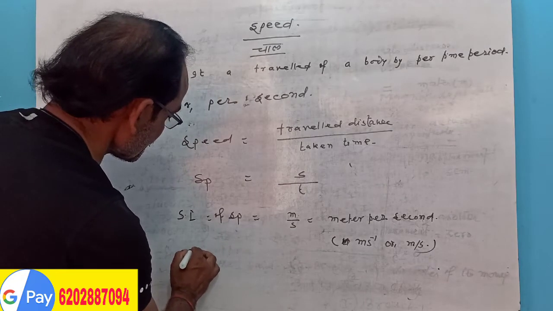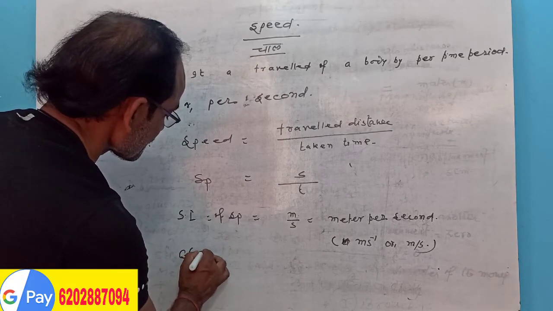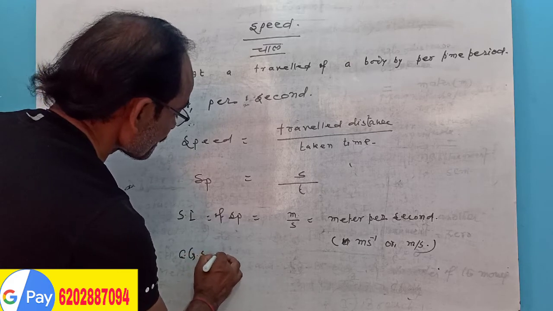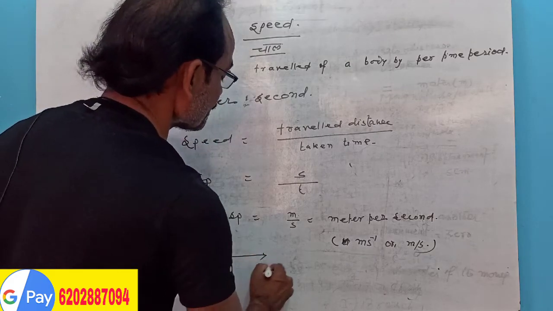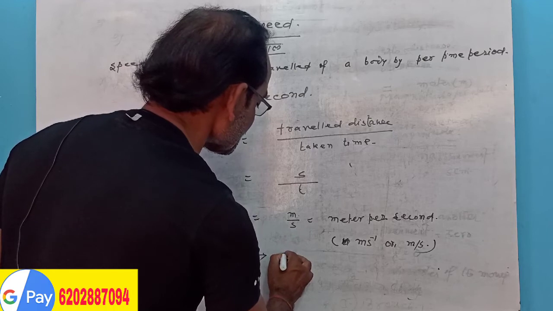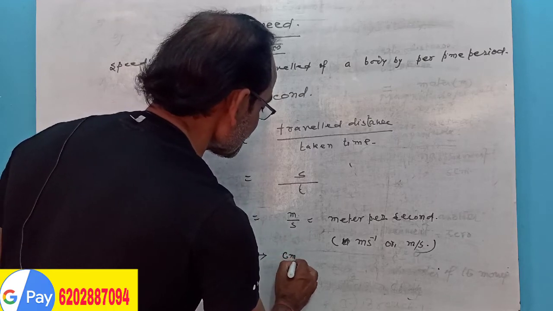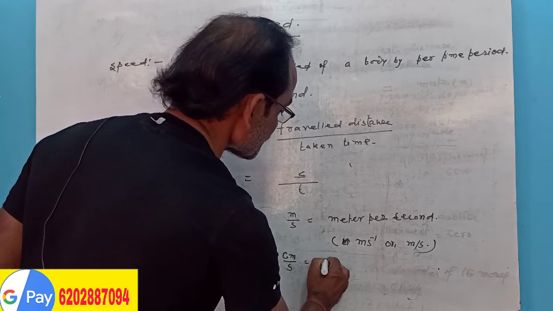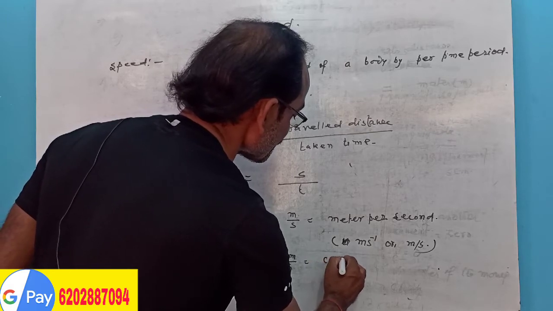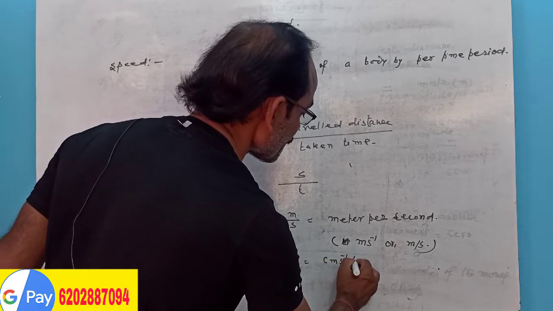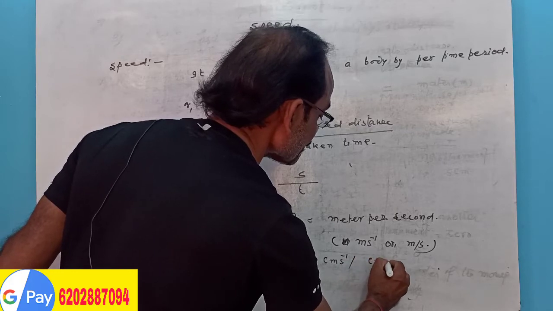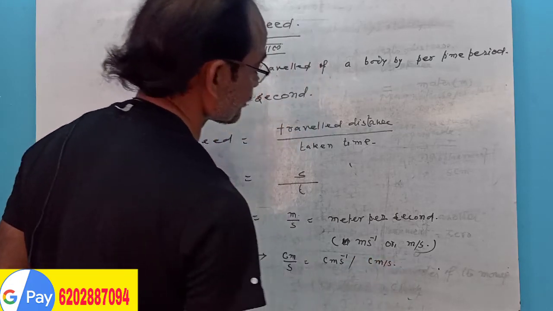In the CGS unit system, meter is translated into centimeter upon second, that is cm s⁻¹ or cm per second.